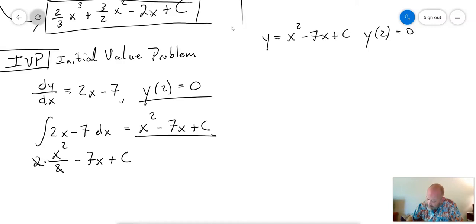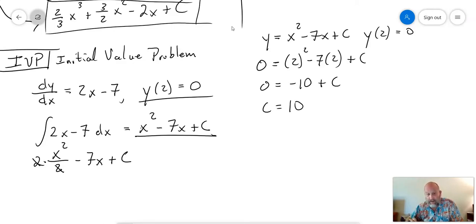So 0 is equal to 2 squared minus 7 times 2 plus a constant. If I simplify this, this is 4 minus 14, so 0 is equal to negative 10 plus c, or c equals 10. Right? And so now I actually know what the value is, and I can put the whole thing together.